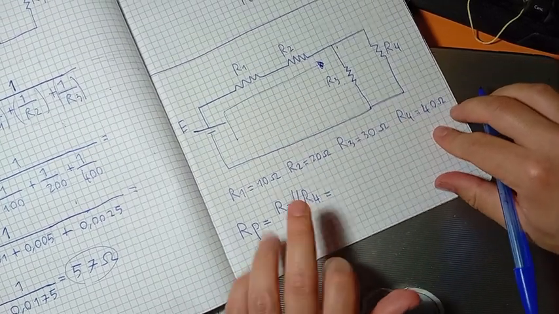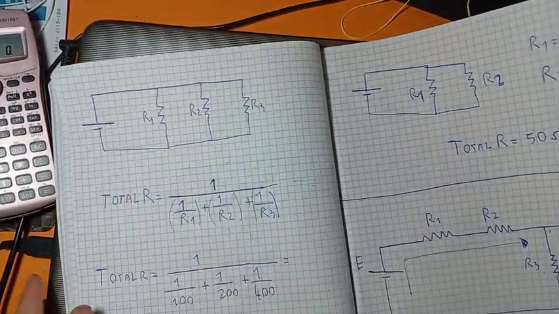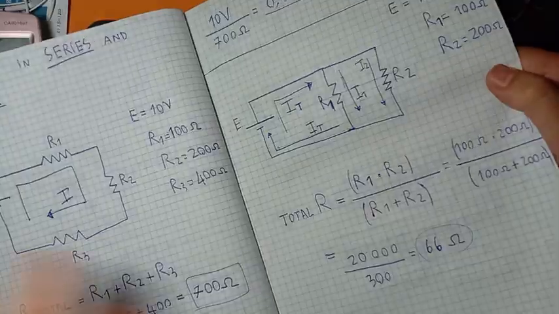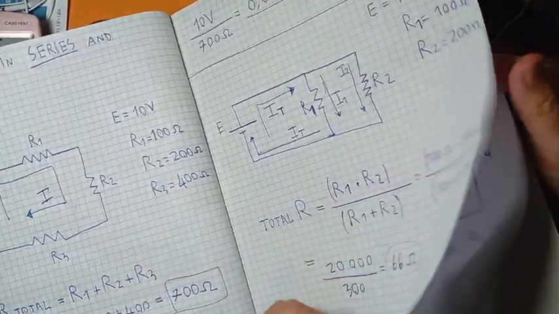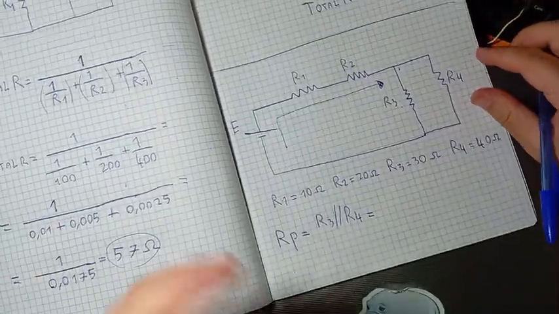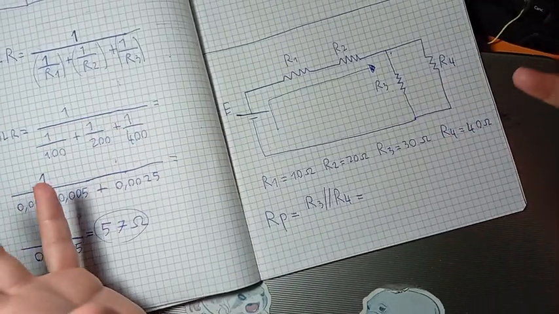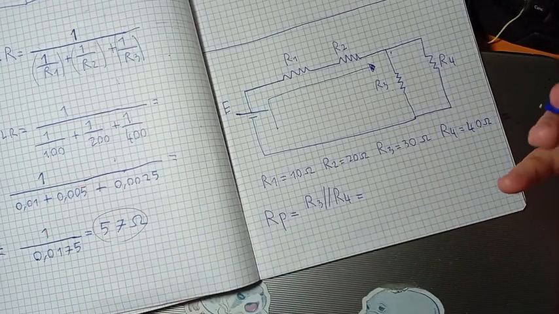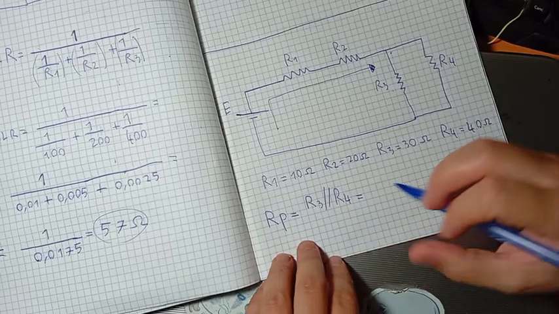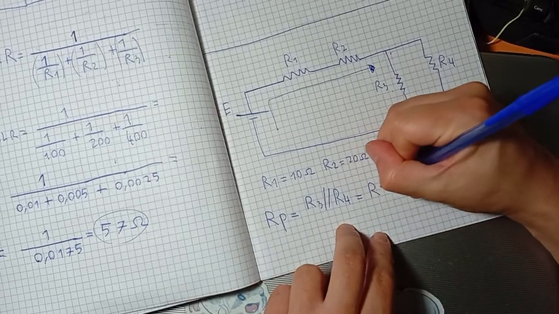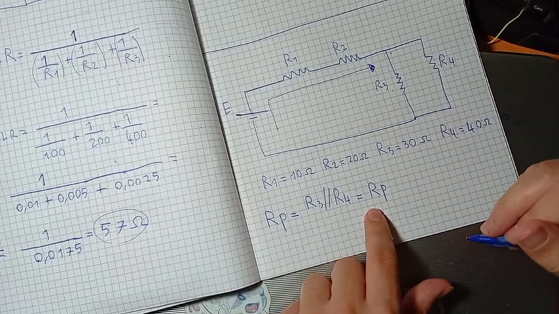We calculate the parallel in the way you already know. It could be this, okay, or it could be this way. We don't have to make the calculus now, you already know how these things are done. So we'll calculate the parallel and we'll have a value. This value will be parallel R, okay.